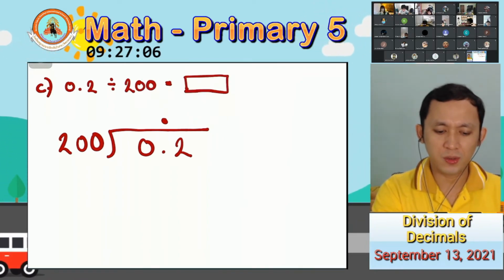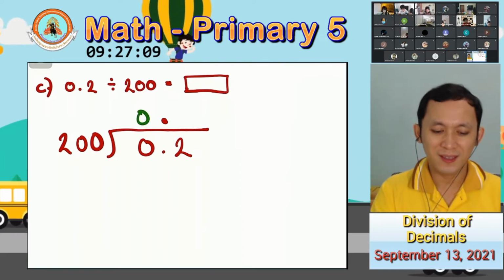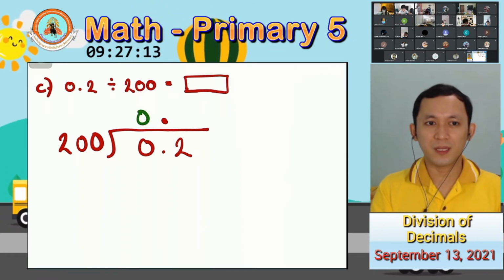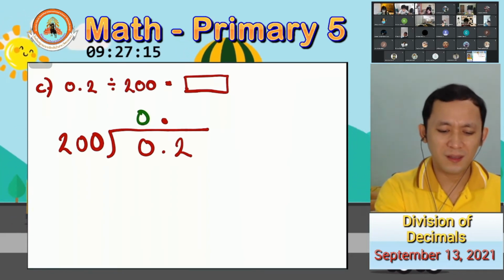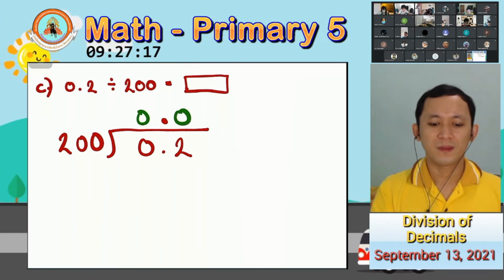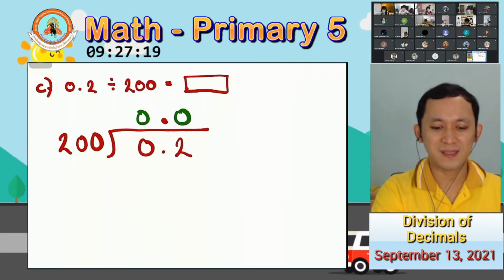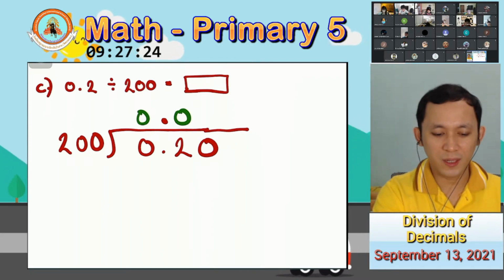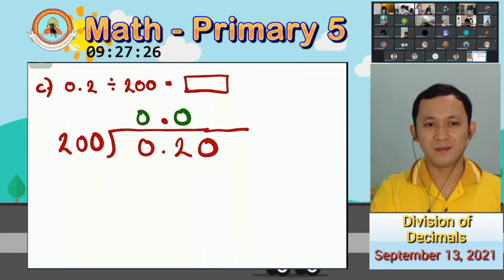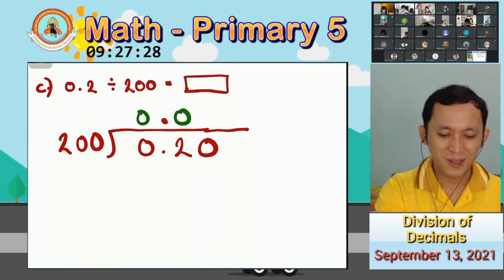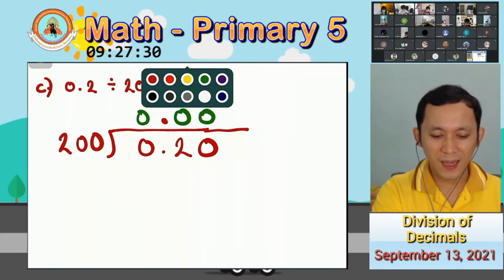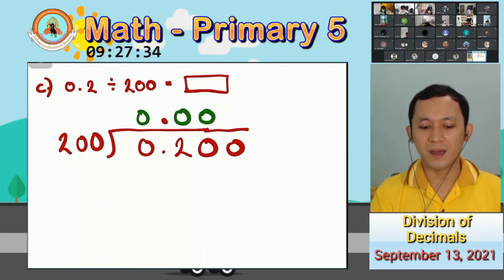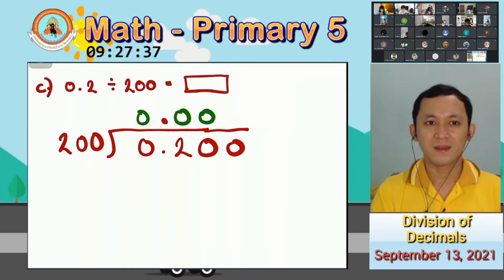0 divided by 200. That's 0. Okay. 2 divided by 200. Teacher, that's still 0. So now let's add another 0 here. 20 divided by 200. That's still 0. You cannot divide that. Now let's add another 0. 200 divided by 200. 1.